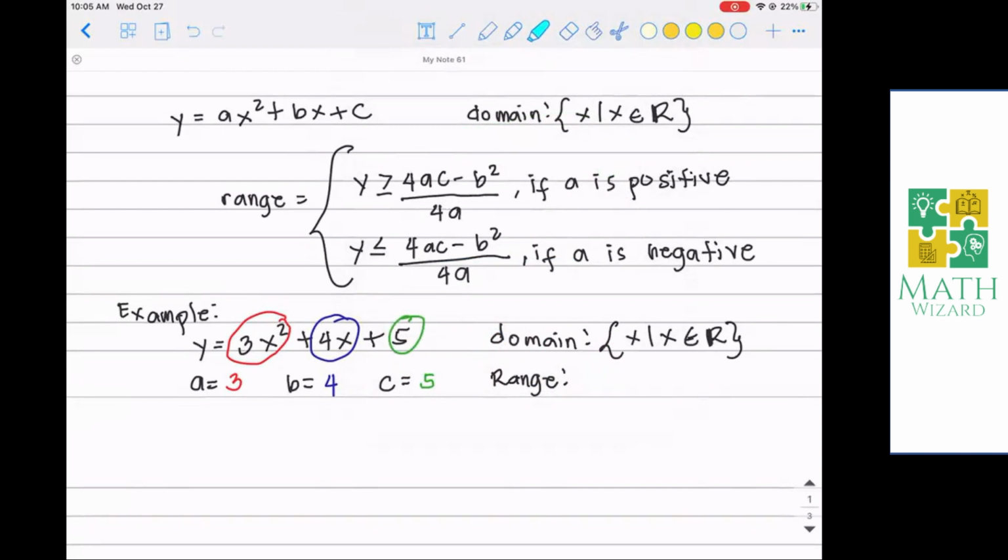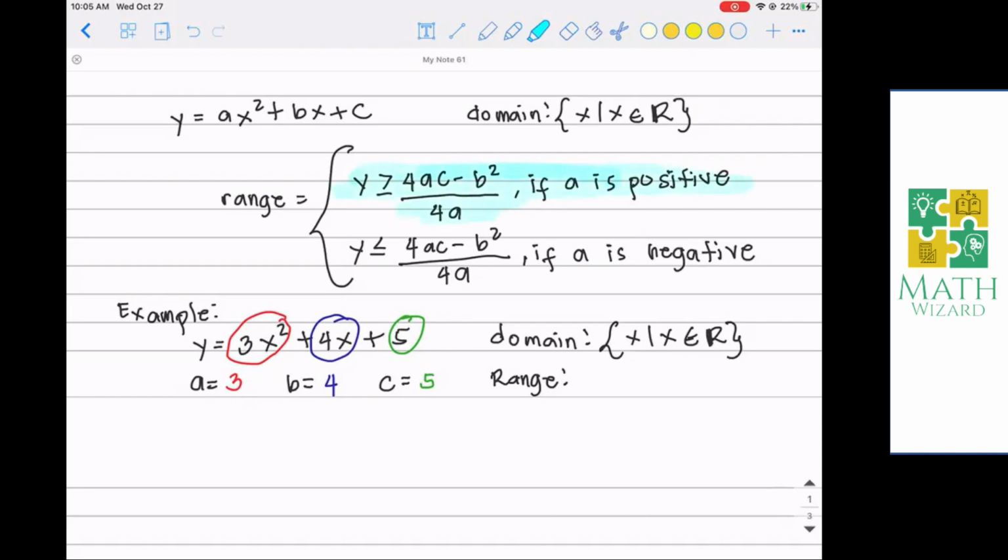Ayan, we have the value na of A, B, and C. I'll repeat, unang step, we look for A, B, and C. Yung pangalawang step, step number 2, tingnan natin yung value ni A. Is it positive or negative? Positive. Sabi dito, kapag letter A is positive, we use this formula.